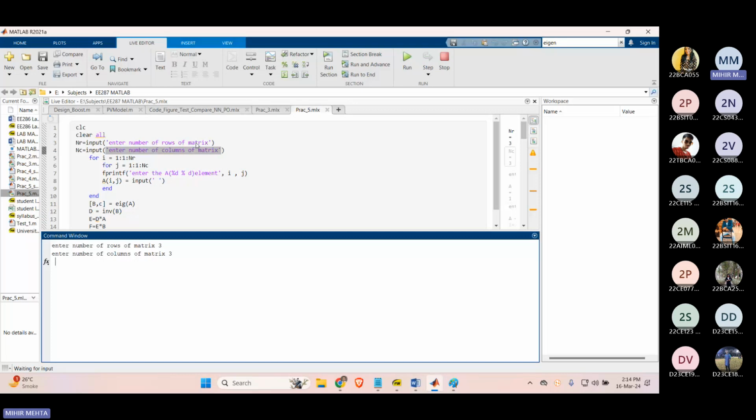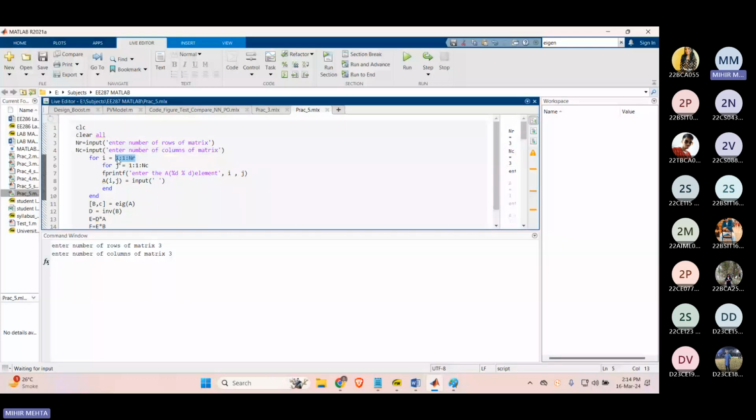Now the magic starts. See here, I is a particular variable which I have selected, where it moves from 1 colon 1 colon nr. Can anyone explain what this 1 colon 1 colon nr means?